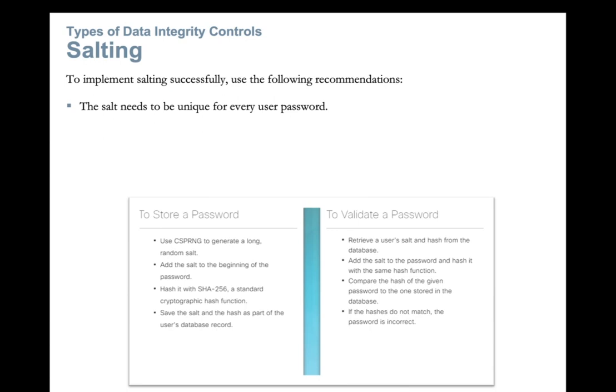This generator generates a random number that has a high level of randomness and is completely unpredictable, so it is cryptographically secure. To implement salting successfully, we use the following recommendations.